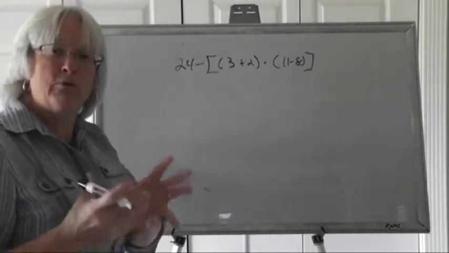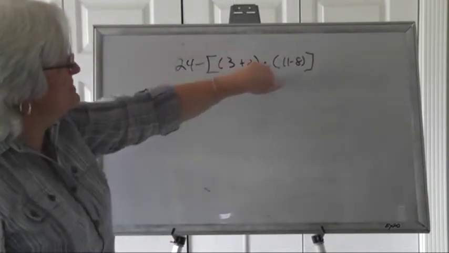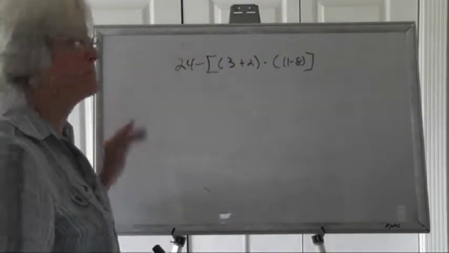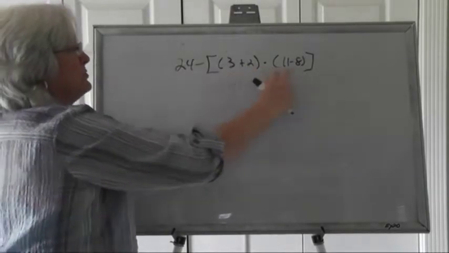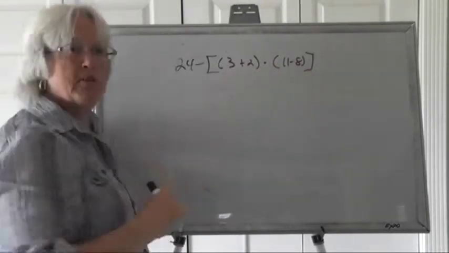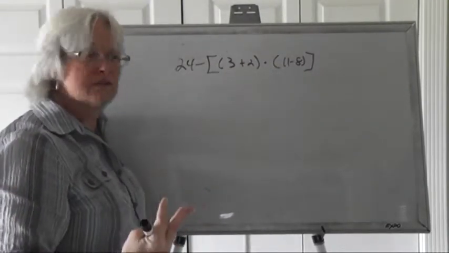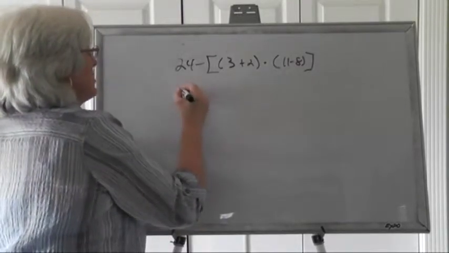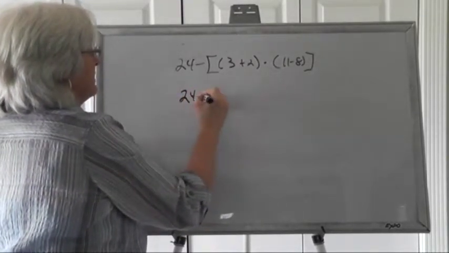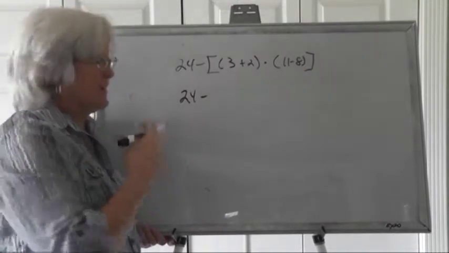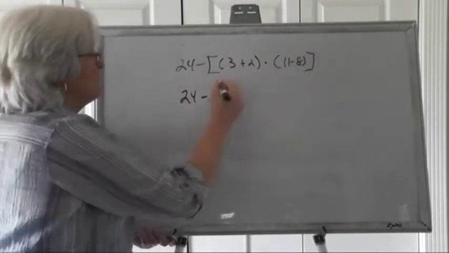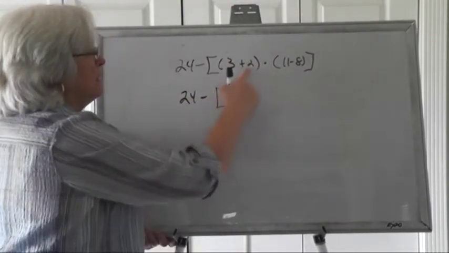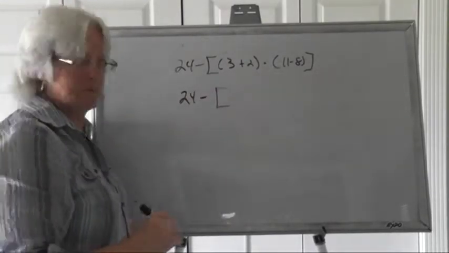So what you do when you have grouping symbols is you work from the inside out. So we have 2 pairs of parentheses here. We're going to work from the inside out. We're always going to begin writing the problem from the left-hand side of the paper. 24 minus the quantity. What is 3 plus 2? It's 5.